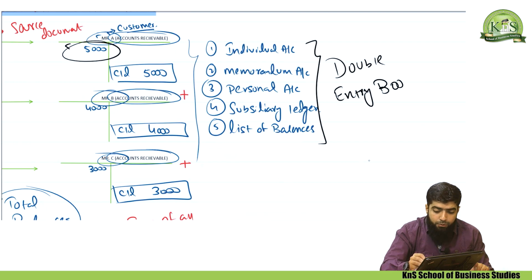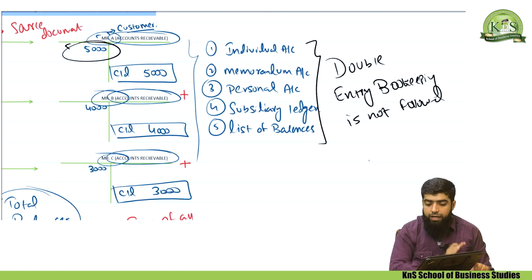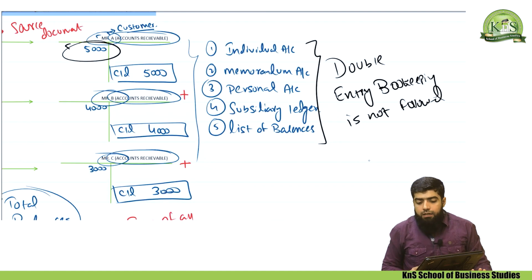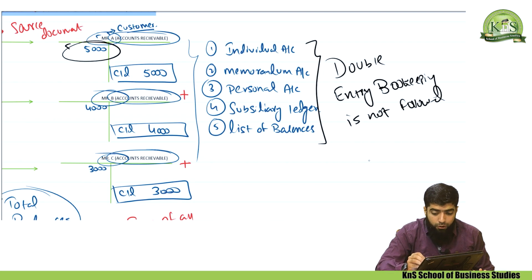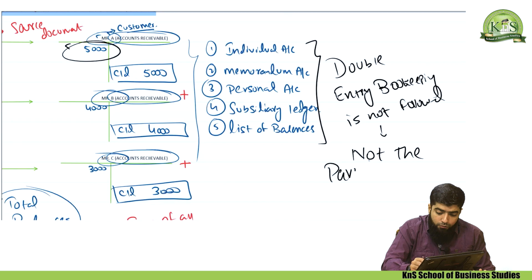Double entry bookkeeping is not followed. However, there is an exception. Inshallah, in another video, I'll be discussing that exception. But right now, the primary or basic rule is double entry bookkeeping is not followed. And if no double entry bookkeeping is followed, it means it's not part of your accounting process.